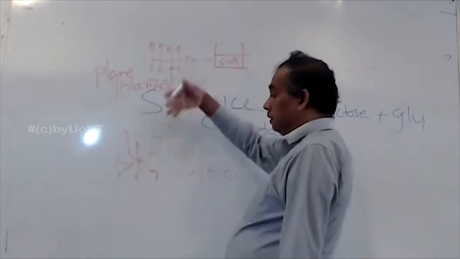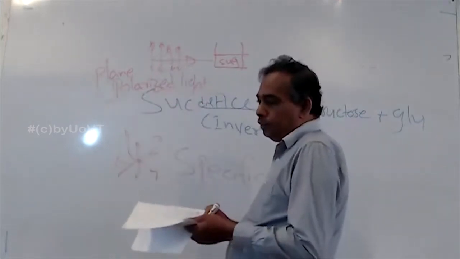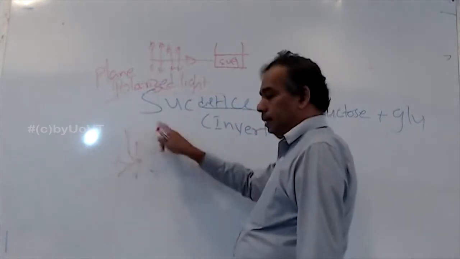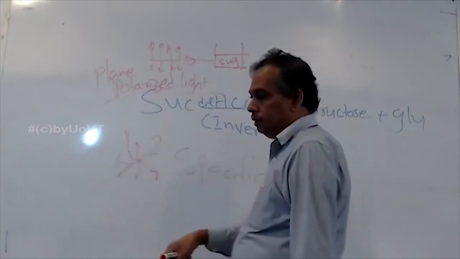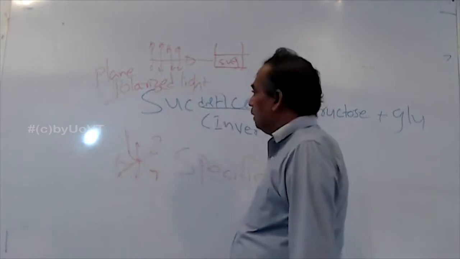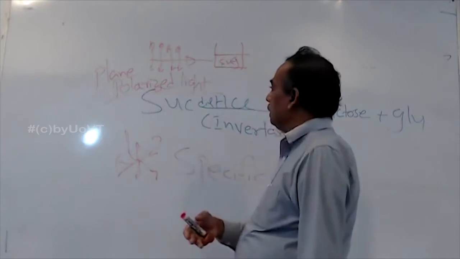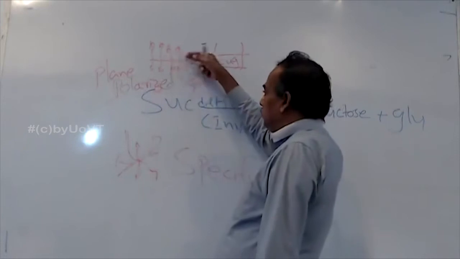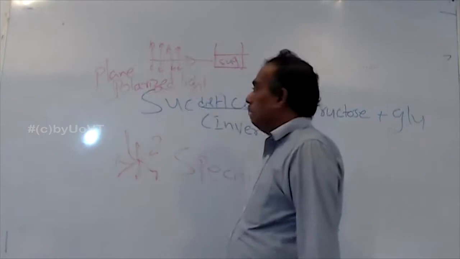This is the same plane. So that kind of light beam you can prepare using different techniques. Normal light particles move in different ways, but a plane polarized light beam is not like that. You have to prepare the plane polarized light beam through filters, specific techniques. Now you can convert the beam like this. Now in this special type of beam, the particle movement is in the same plane, plane polarized.